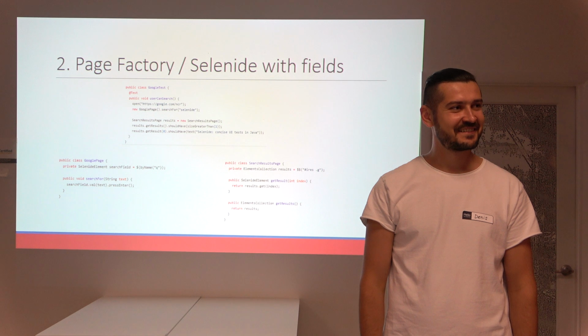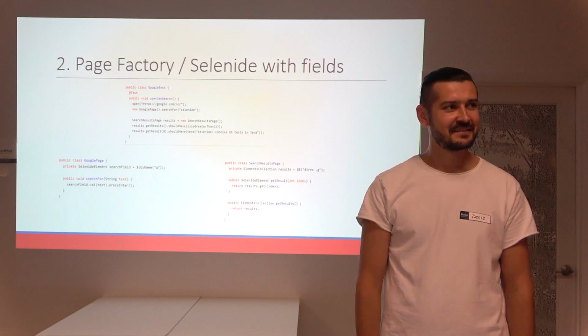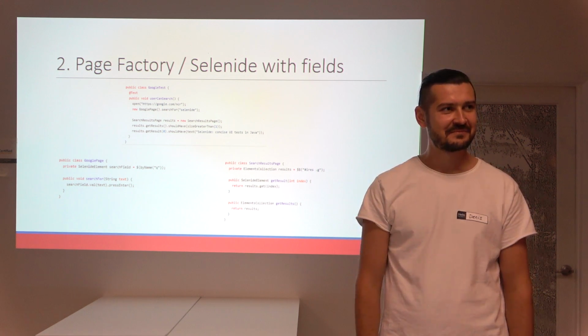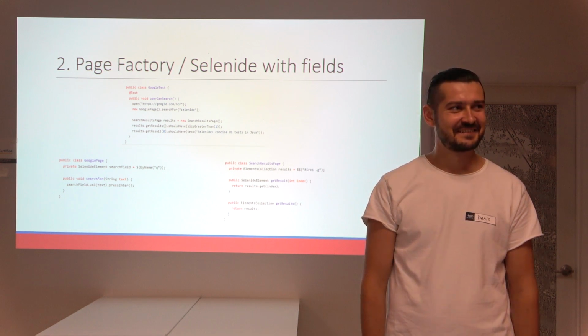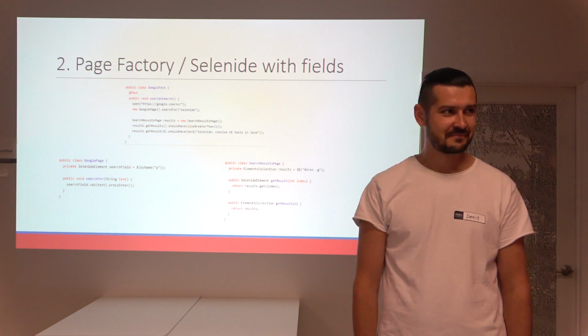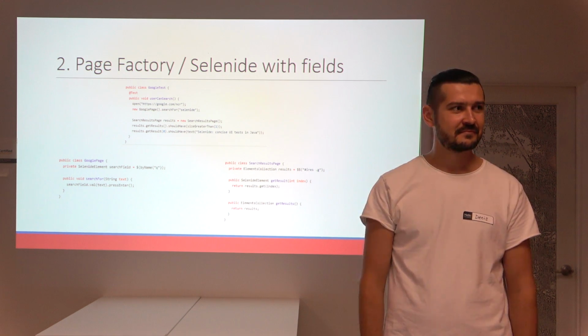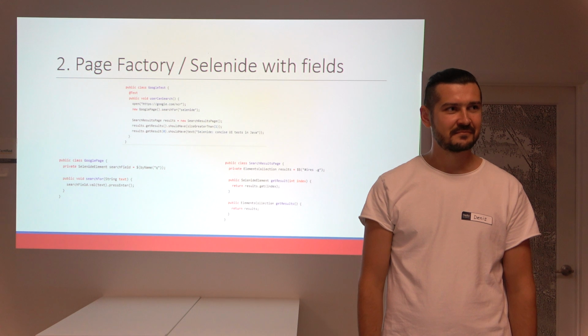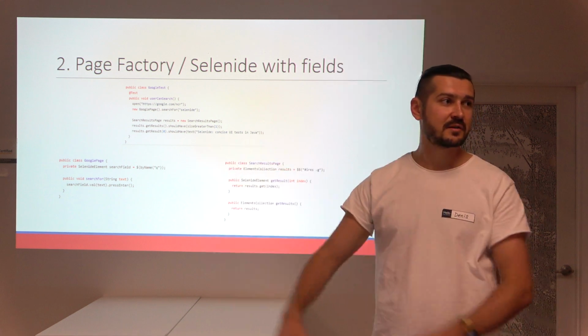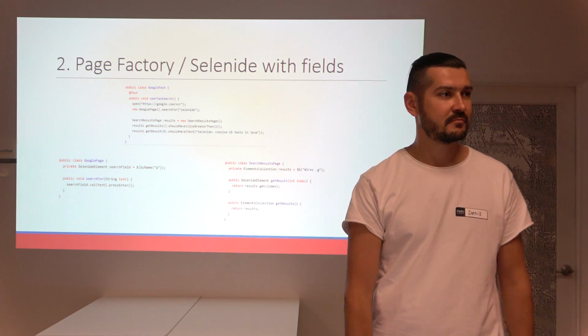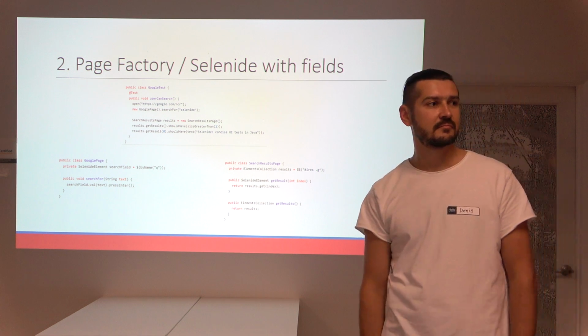The .NET bindings grew a Page Factory implementation because Java had one, and that was a mistake. There is no need to use the Page Factory to create a proper page object system, and so in .NET, the Page Factory class has been deprecated, and in Selenium 4, you'll have to use an external package for it. It's still there, but on the side, in a separate package.